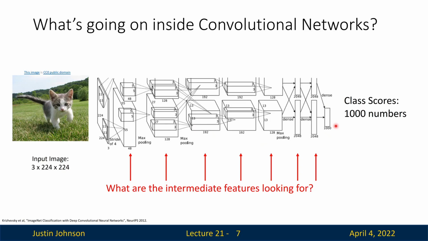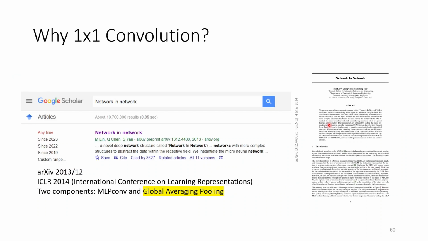Given a neural network, if this is a classification network, then given an image, they go layer by layer, and finally we will get a score for every class. And remember, I showed you a slide on why we need to use one-by-one convolution.